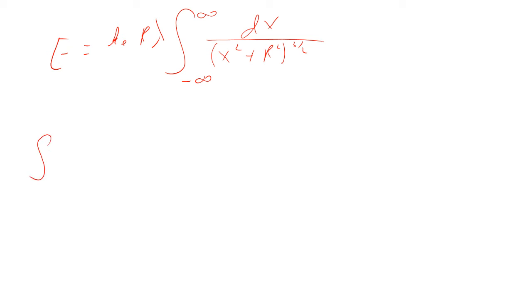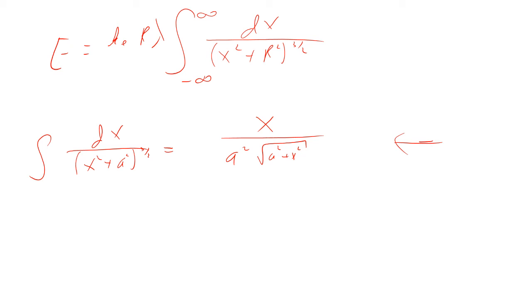So if you look at an integral table, you see that the integral of dx over x squared plus a squared to the 3/2 is equal to x divided by a squared square root of a squared plus x squared. Okay, so that's what you read up in the back of the book as to an integral, and that is pretty much what we got up here.